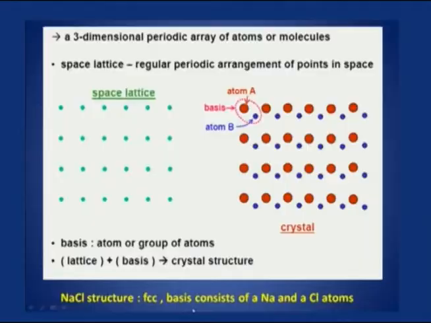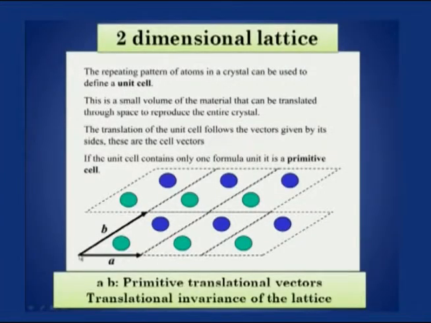Now, I showed you again the vectors A and B, they are called the primitive translation vectors. Why are they called primitive? This is a lattice point, right. By translating through a distance A, you get to this point, again translating through A, you get this point, and again through A, you get this point.